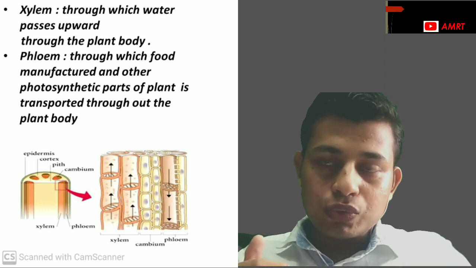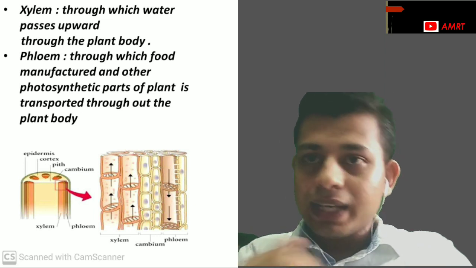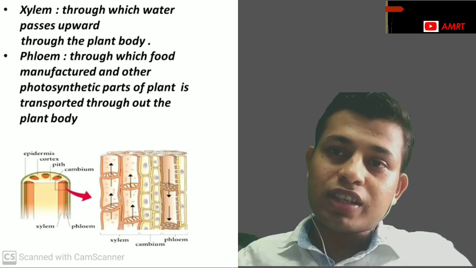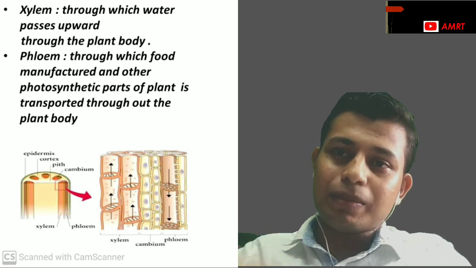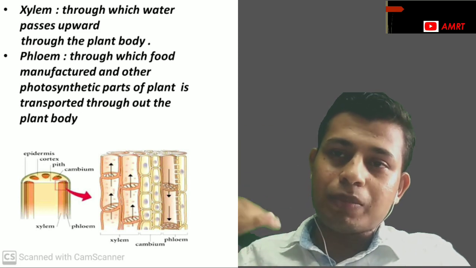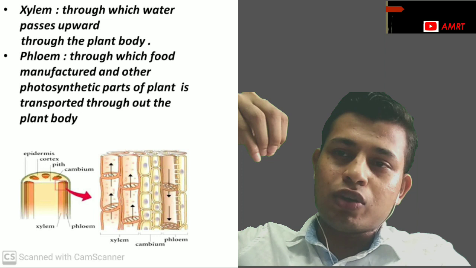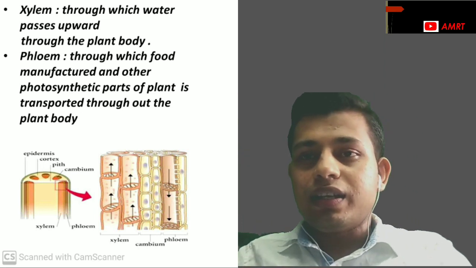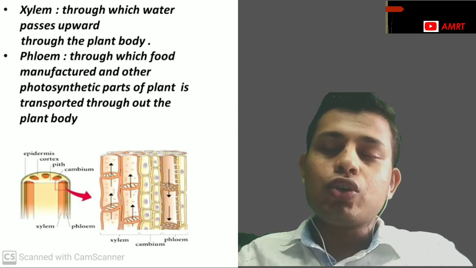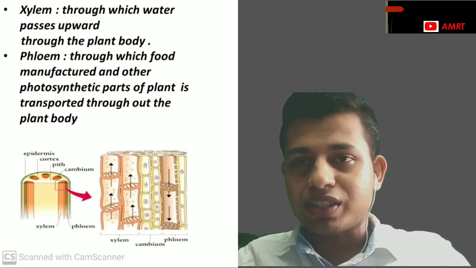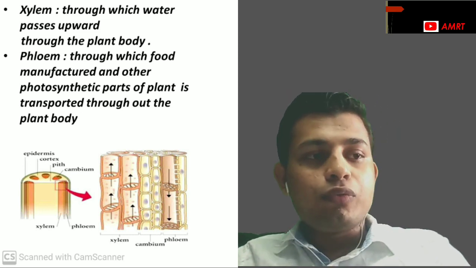The main function of the xylem is to transport water and minerals in the upward direction, supplying water and everything upward, even to the tips of the leaves. The next one is phloem, which is responsible for the transportation of food substances.